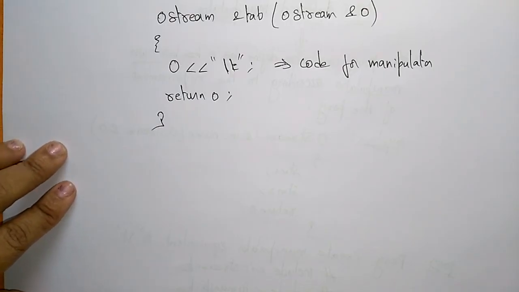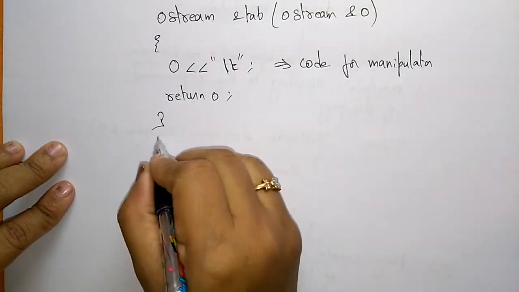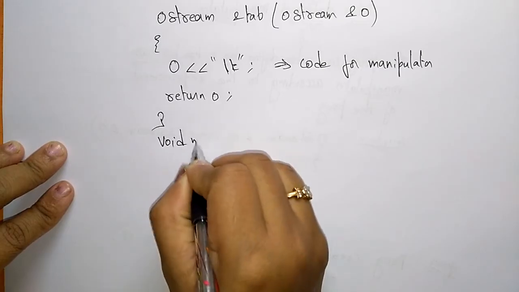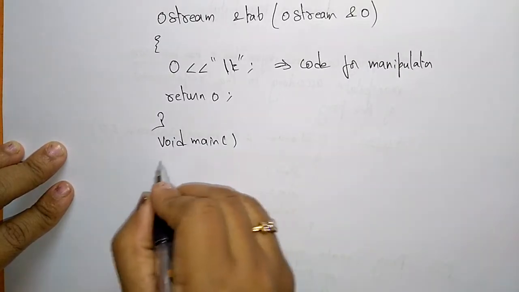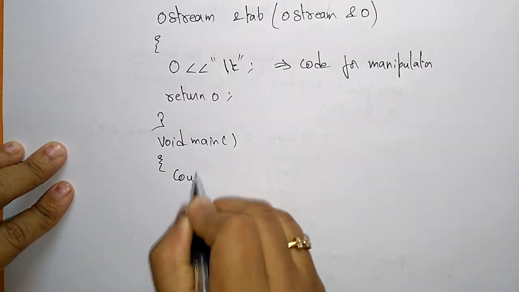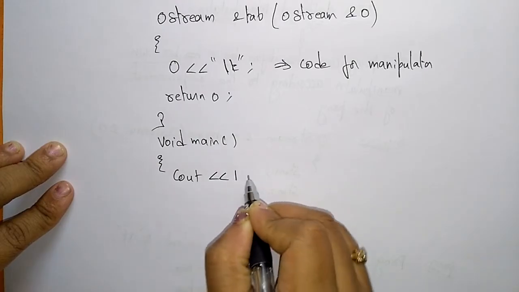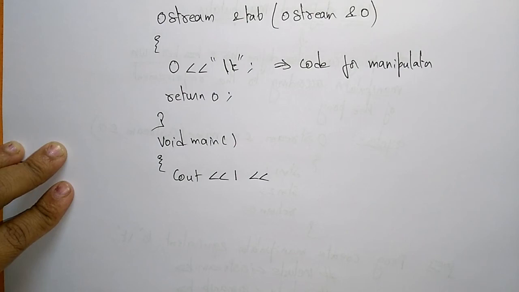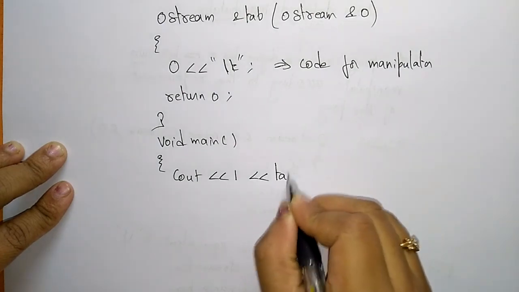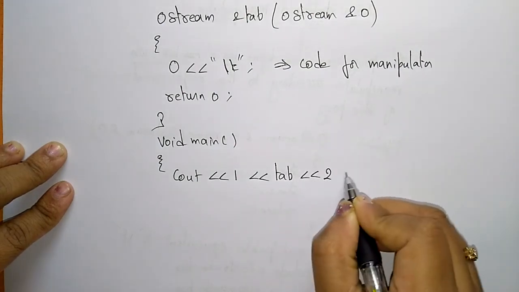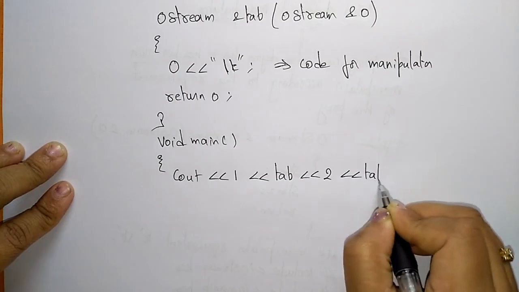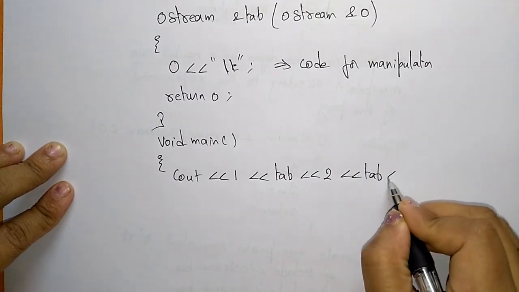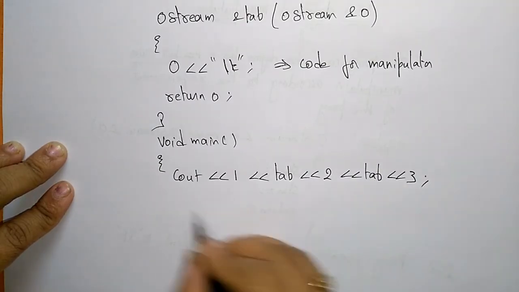Okay. Now I'm writing the main program, void main, cout 1, next tab, 2, tab, 3.